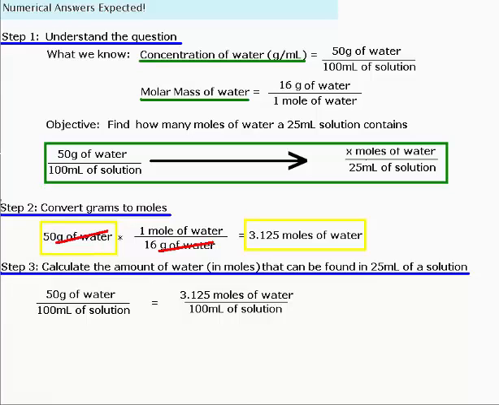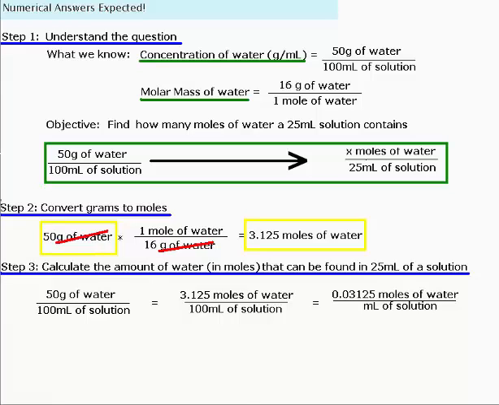Now let's take it one step further by dividing this through. 3.125 moles of water divided by 100 mils of solution is equal to 0.03125 moles of water per milliliter of solution. That's what we're looking for, because this ratio tells us that for every milliliter of solution, there are 0.03125 moles of water.